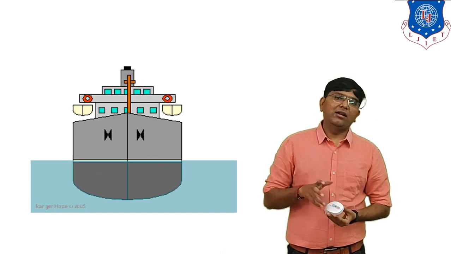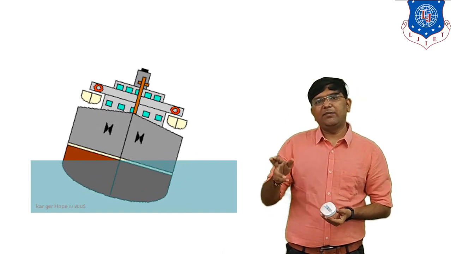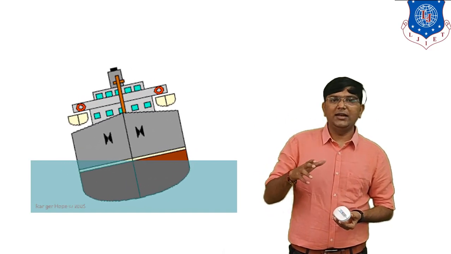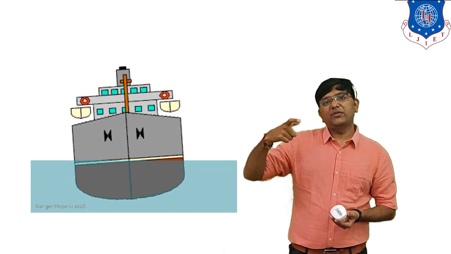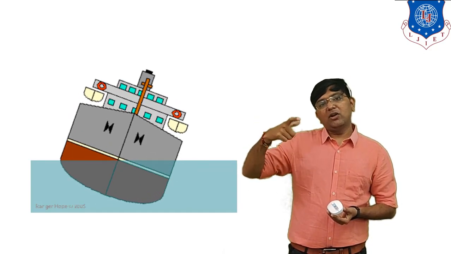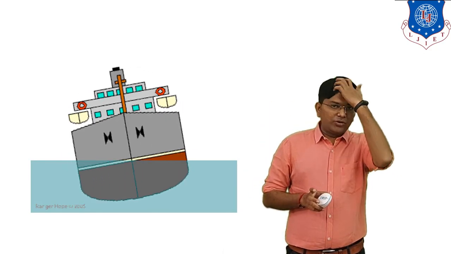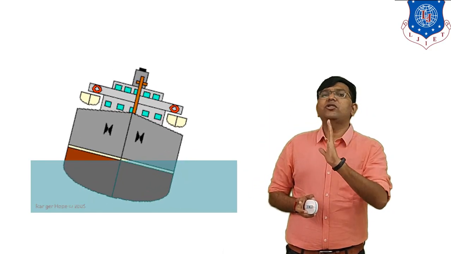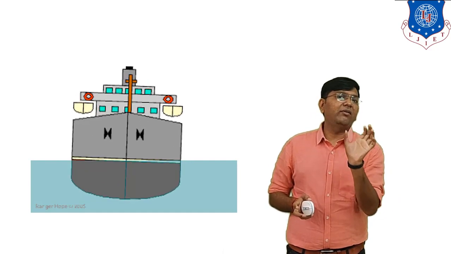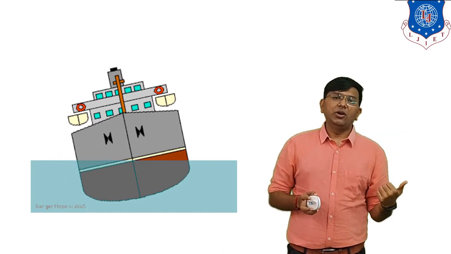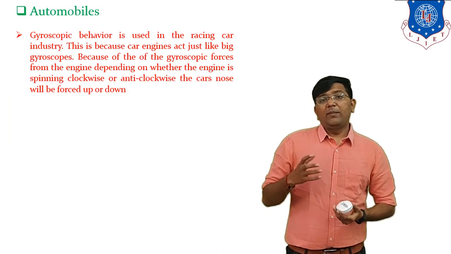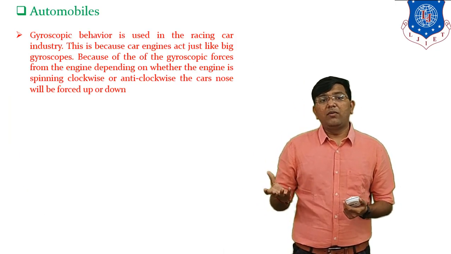Whenever an aeroplane takes a left turn or right turn, whenever a ship takes a left turn or right turn, the orientation of the axis of spin is changed, and because of that gyroscopic effect occurs. But in rolling motion, the position of the axis of spin remains constant, so there is no gyroscopic effect during rolling motion. Clear? Okay.